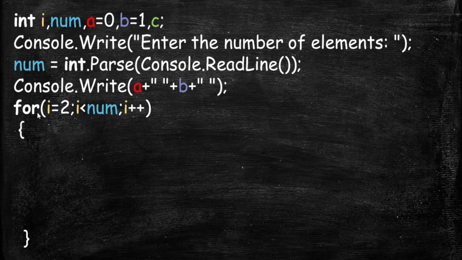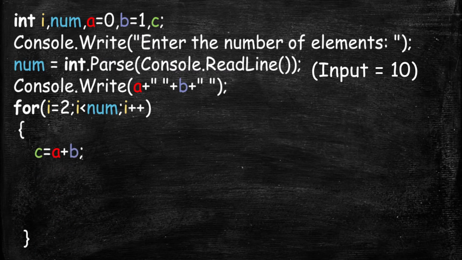We are starting our for loop with 2 and ending it with the number which the user has provided. Like if the user has provided 10, it will run till 9, as it should be less than the num which the user has provided. So it is starting from 2 and ending on 9. So this loop will run 8 times.